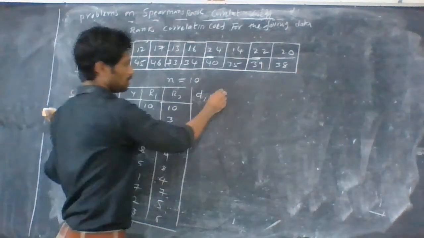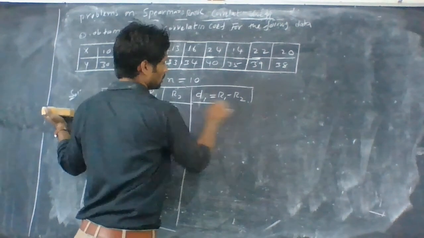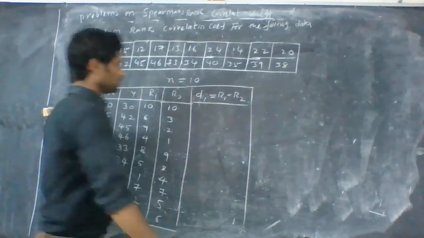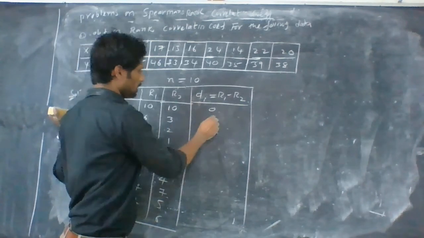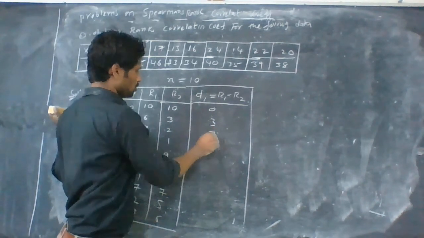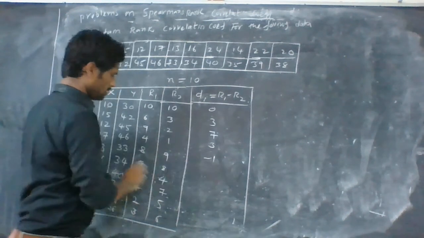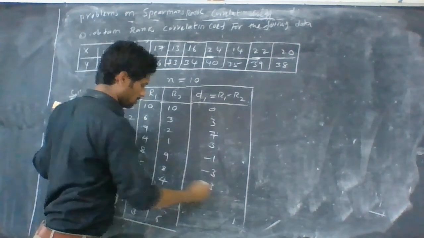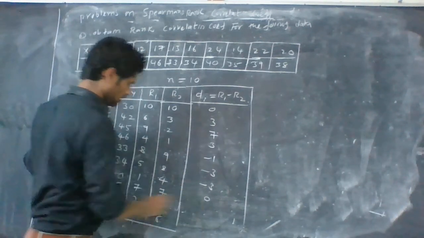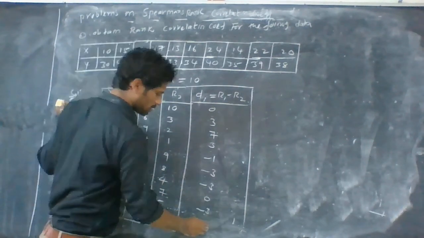Now we calculate the deviations, meaning R1 minus R2. Subtracting: 10 minus 10, 6 minus 3, 9 minus 2, 4 minus 1, 8 minus 9, 5 minus 8, 1 minus 4, 7 minus 7, 2 minus 5, 3 minus 6.